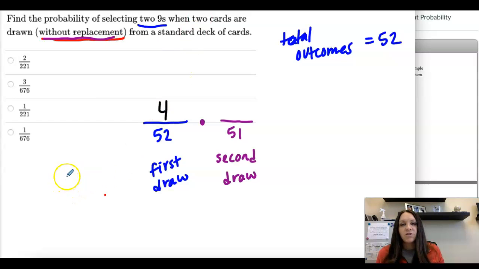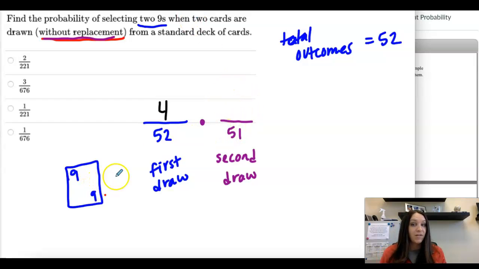Remember, the card that I drew is a 9. So how many 9s are left in the deck? If I have one out, there are only 3. Because of the first draw, the second one changes. Now there are only 3 9s left, and only 51 cards left.